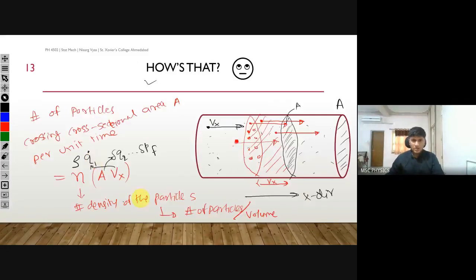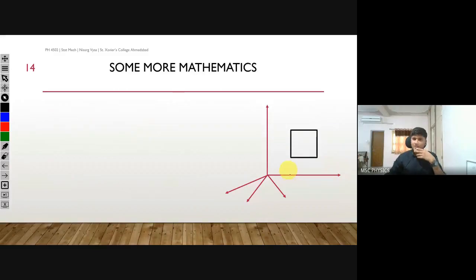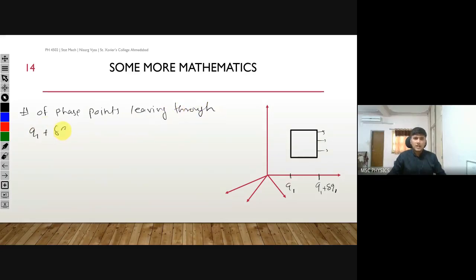Okay. So we knew this, that the number of points entering through this section is this. Now we did some mathematics. Let's do some more mathematics. That is, the number of particles, phase points, leaving through the surface q1 plus delta q1 equal to constant is given by n of q1 plus delta q1.